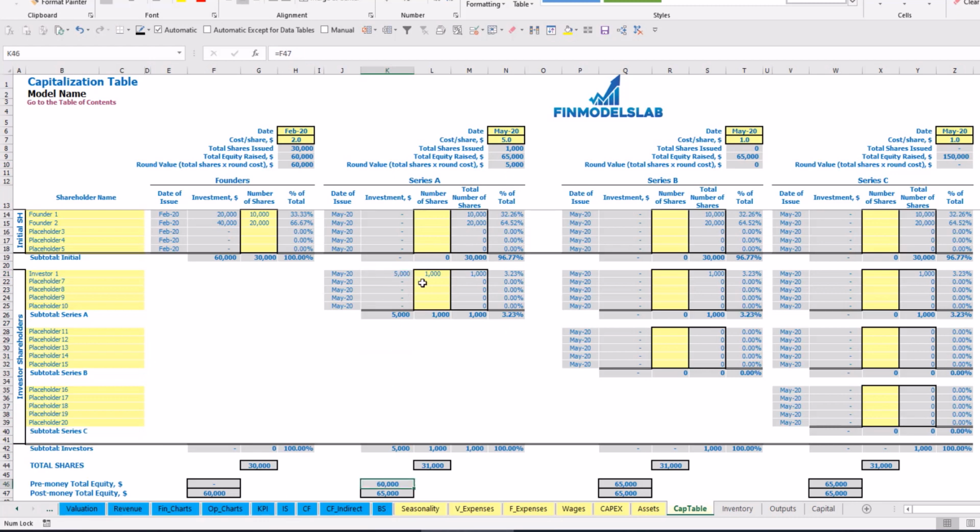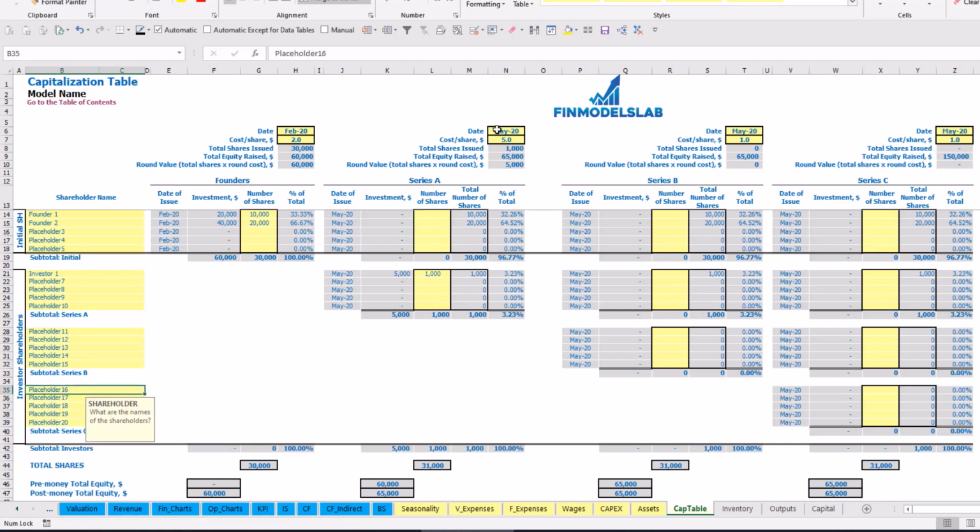You may see that before the Series A total equity was $60,000, after $65,000, and investor 1 will have 3.23% of shares, and the shares of founder 1 and founder 2 also diluted, 32.26 and 46.52%.